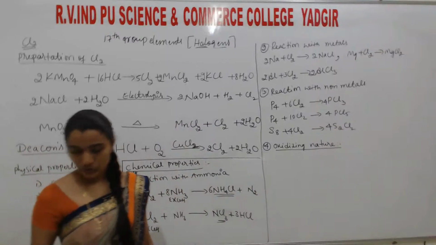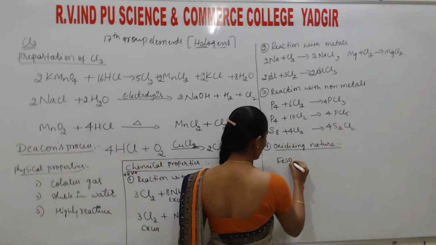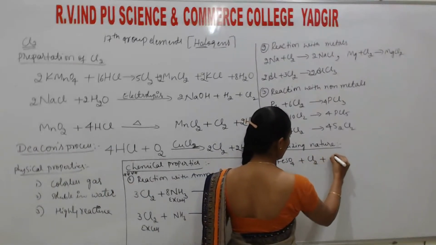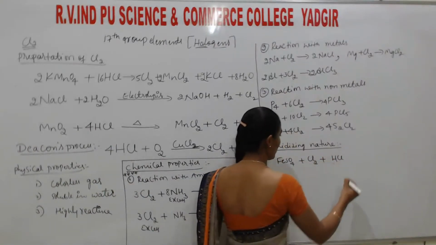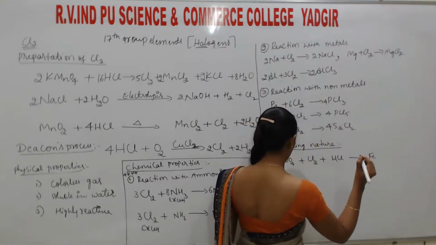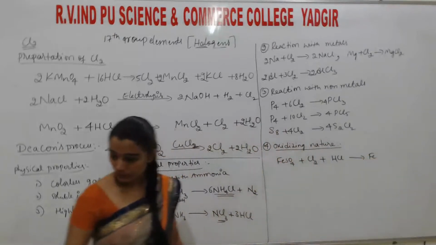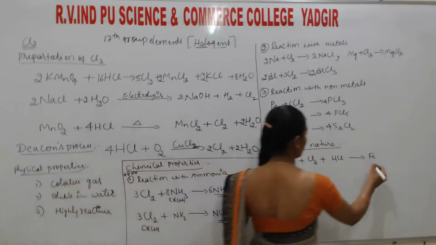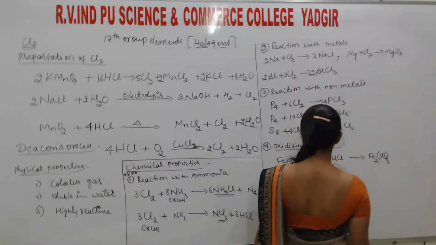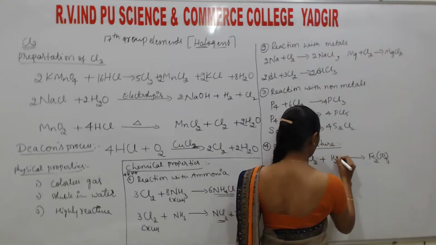The example that shows oxidizing nature is when FeSO4 salt is treated with halogen, that is chlorine especially, in presence of acid, it forms Fe2(SO4)3 in presence of H2SO4 again.